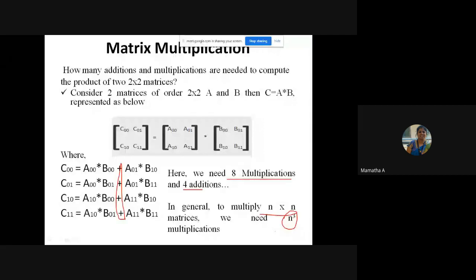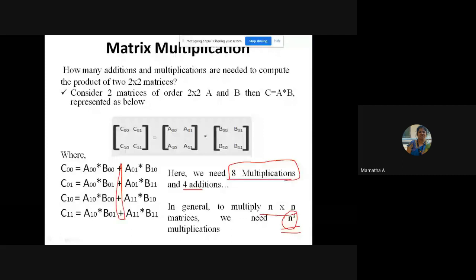Now, the question that comes here is, I should design an algorithm where I can get fewer multiplications than n cube, right? Suppose it is 2 cross 2, I need 8 multiplications.